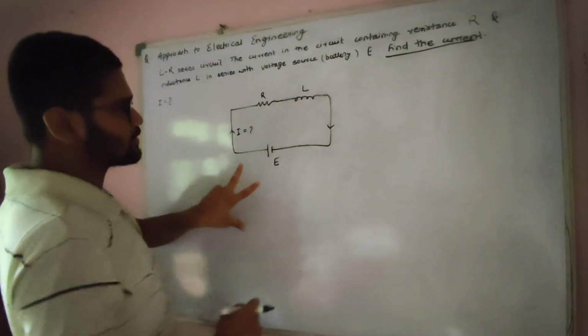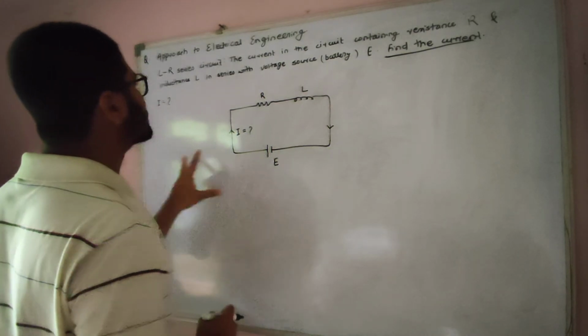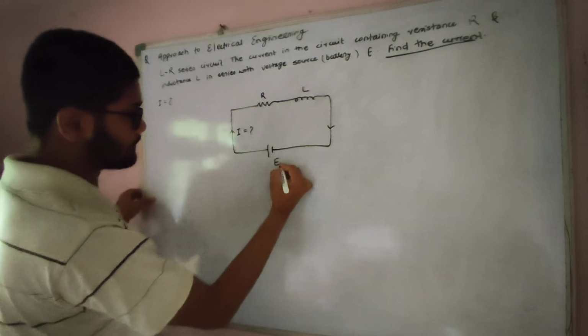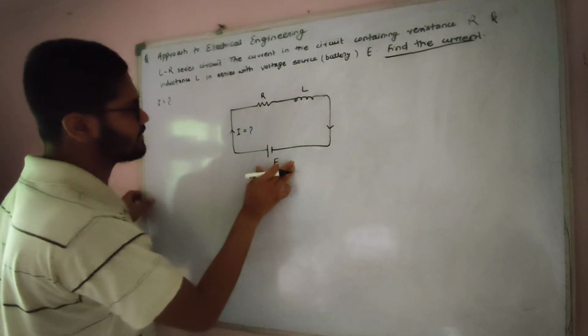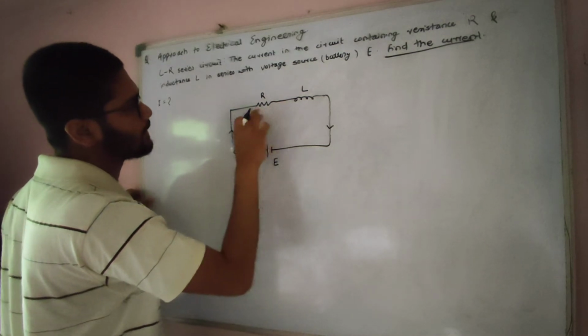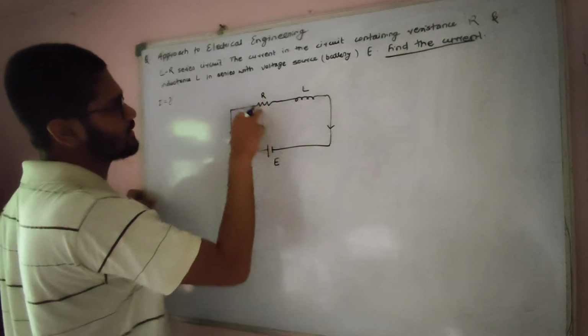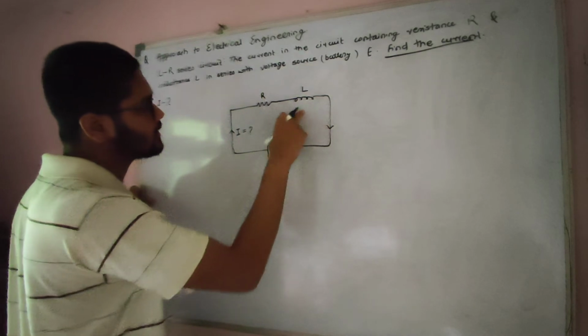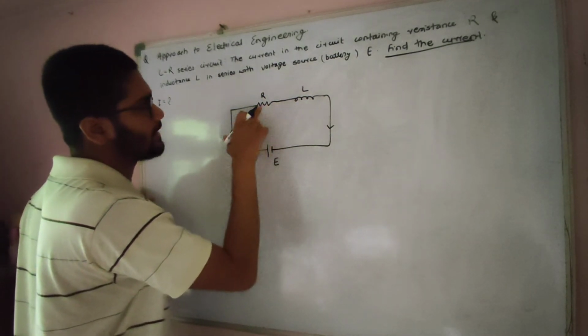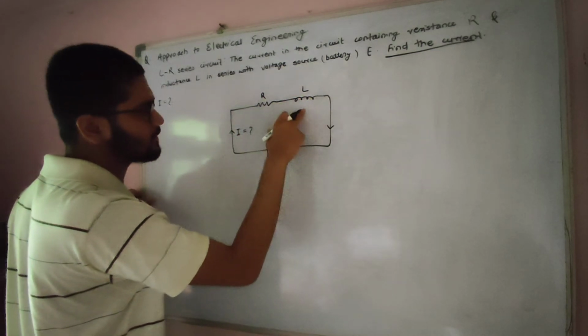So this is the LR series circuit, and this is the EMF battery. We can see that in the LR series circuit there are a resistor and an inductor, and when current is supplied, voltage gets dropped in the resistor and inductor respectively.